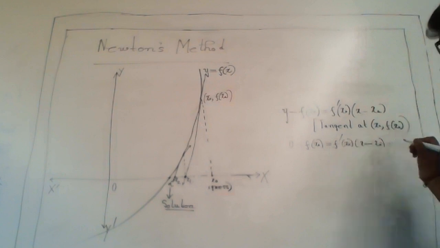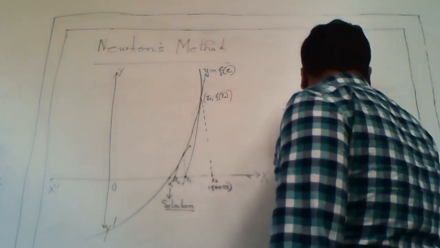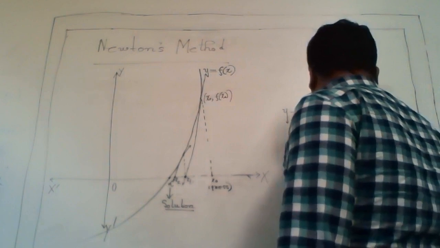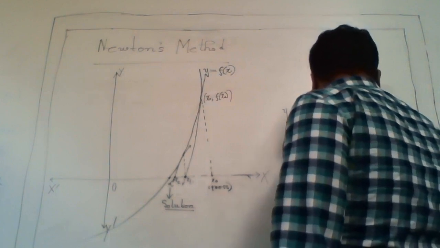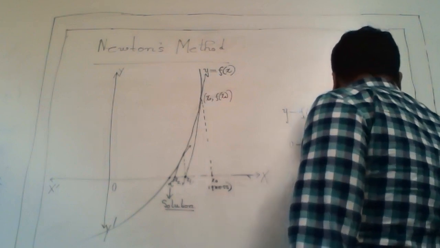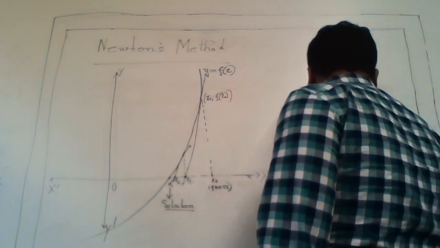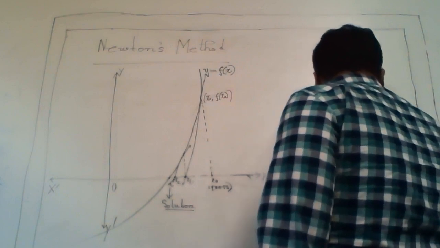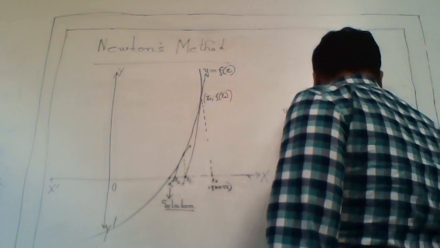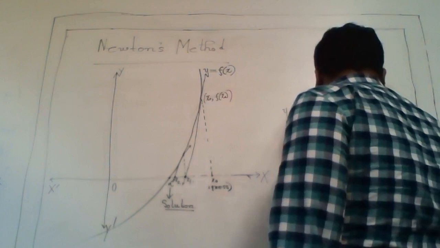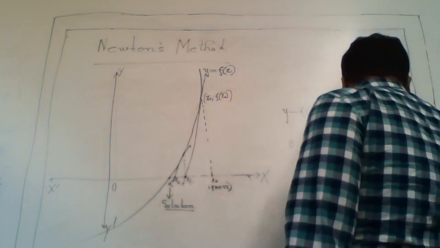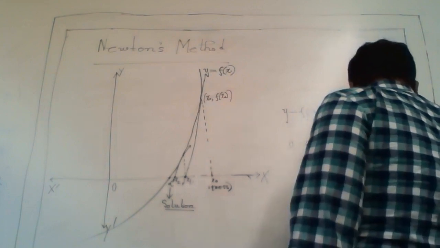If you solve this equation, you will get minus f of x0 by f prime x0 equal to x minus x0, right? So you will get ultimately x equal to x0 minus f of x0 divided by f prime x0.